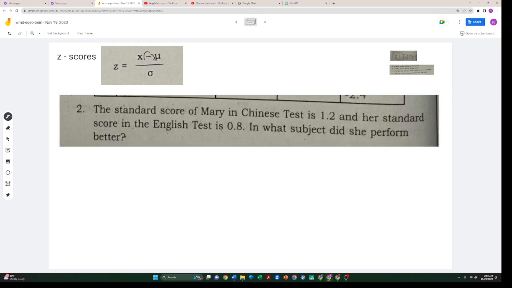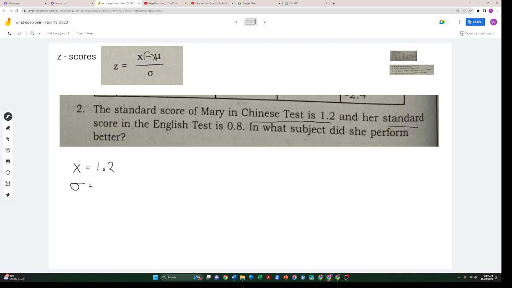Para makabalo ang uban. The score of Mary in Chinese test is 1.2 and her standard deviation, so sulat ayon ka. So ang x day niya kay 1.2. Then ang standard deviation niya, denoted by, and her standard scores.